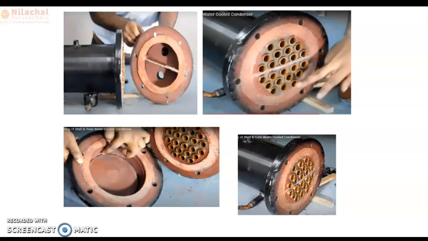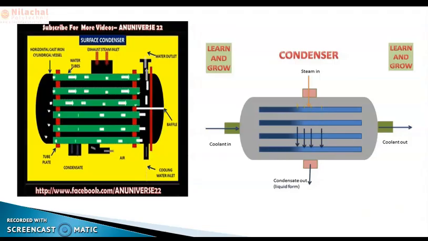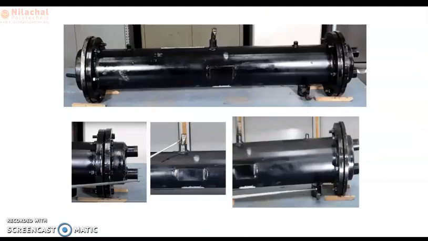Let's come to the working principle. In this type of condenser, the hot vapor refrigerant enters at the top of the shell and condenses as it comes in contact with the water tubes. The condensed liquid refrigerant drops to the bottom of the shell, which often serves as a receiver.